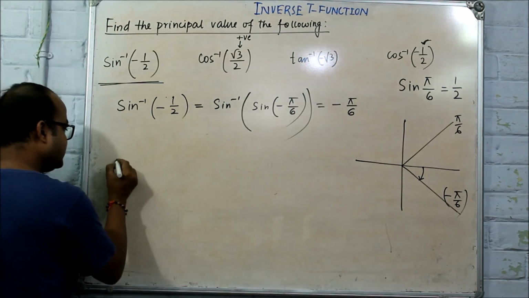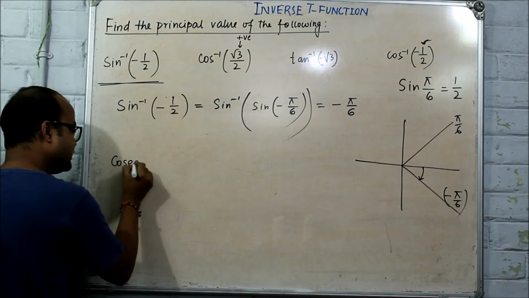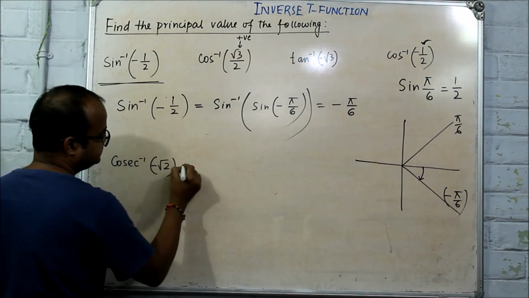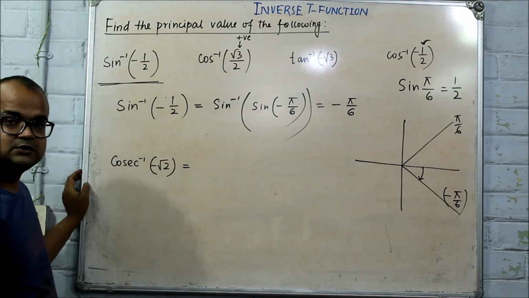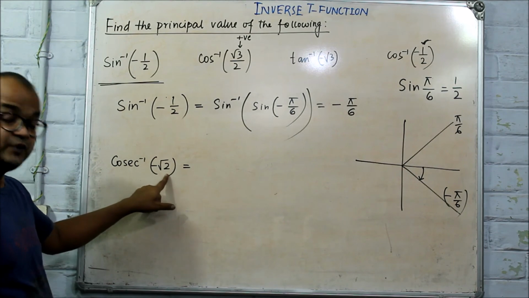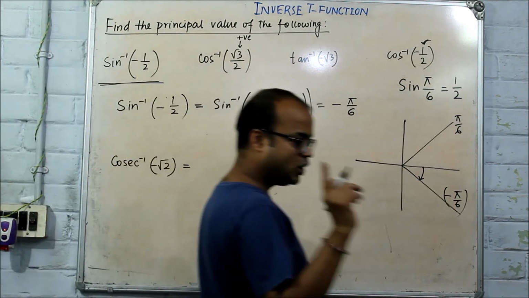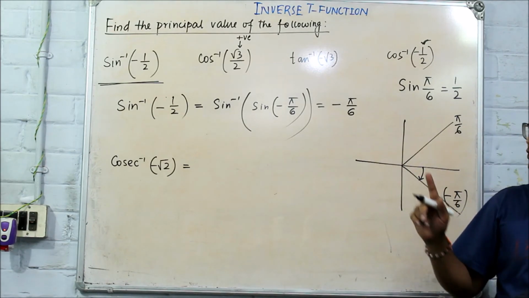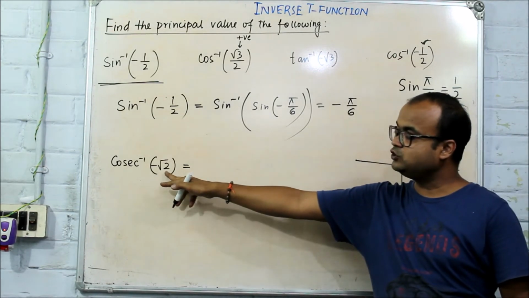Suppose we take another example like cosec inverse of minus root 2. First find out the angle where cosec theta will attain the value root 2.